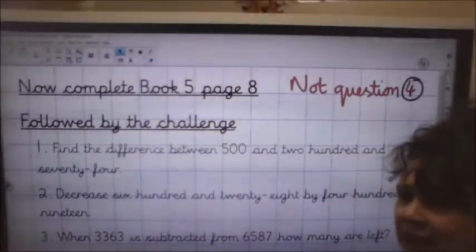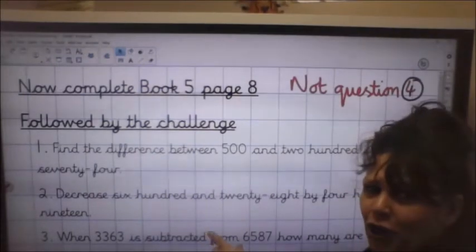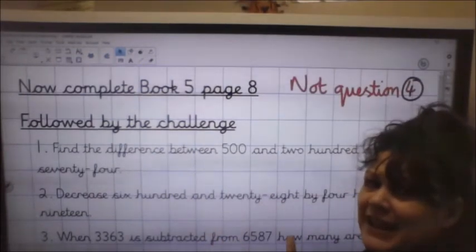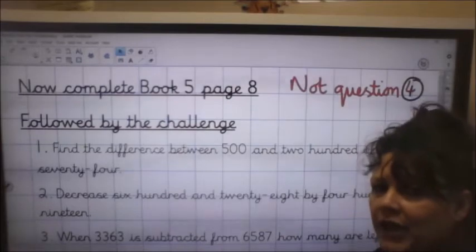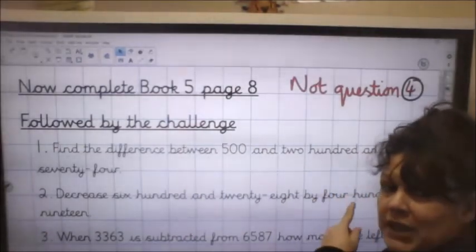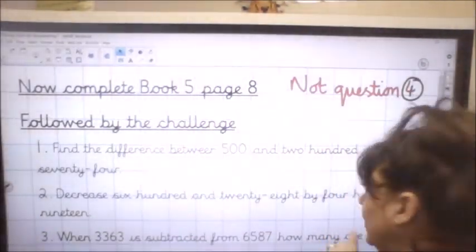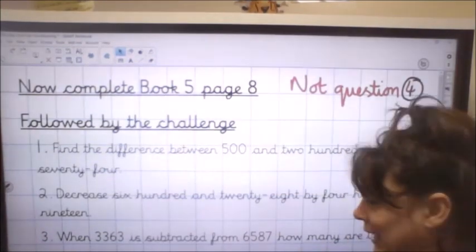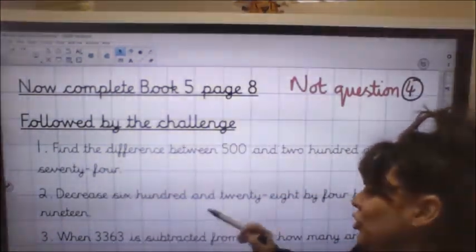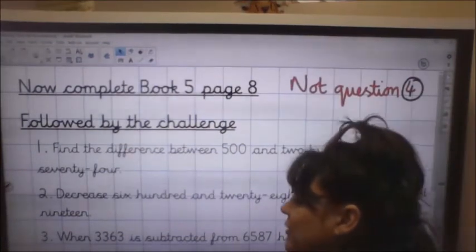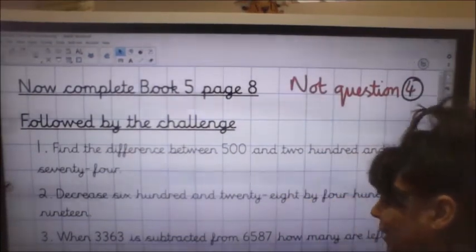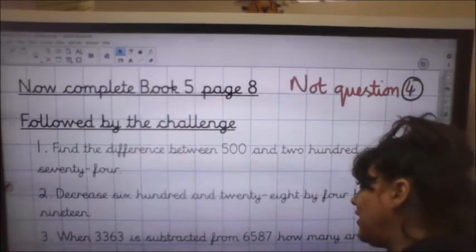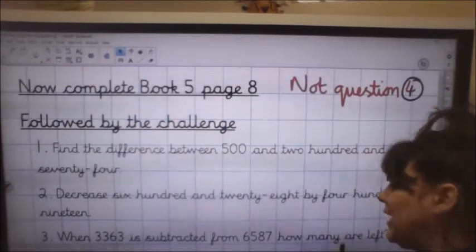And then finally, okay, we've got a larger number here. Now we did this with our addition, and you did this really well on your number lines. Let's see how well you subtract. So you've got a 4-digit number here. It says when 3,363 is subtracted from 6,587, how many are left?